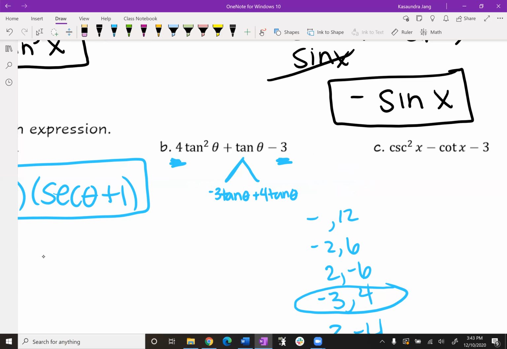I need some more space. So I broke that middle piece up, but I haven't touched the minus 3 on the end or the 4 tangent squared of theta at the beginning. I haven't messed with those guys.